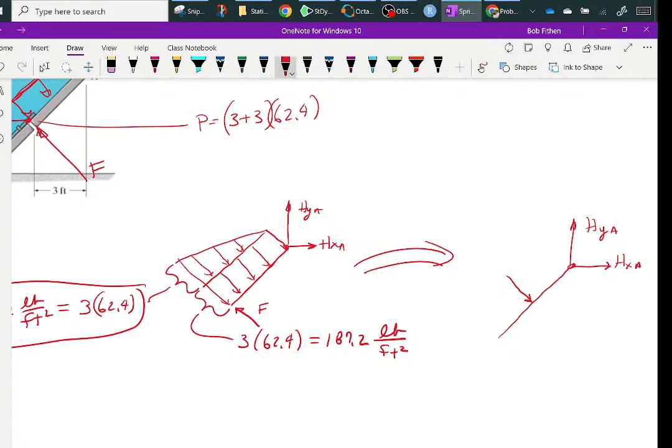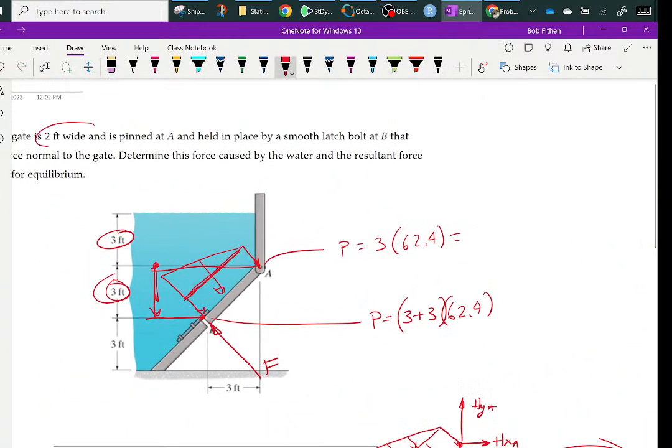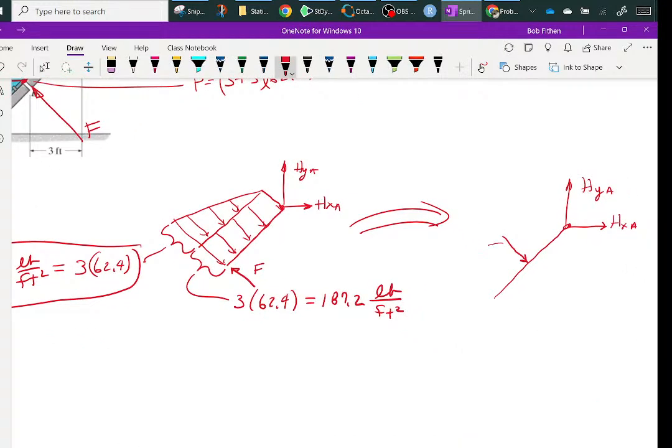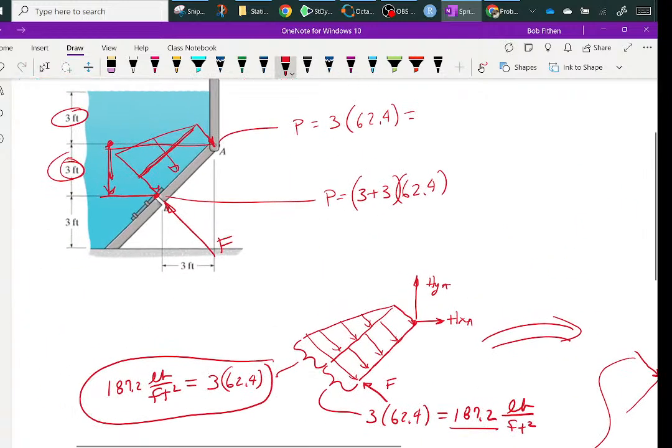And the gate itself was 2 feet wide. So this load, call it L, is 187.2 pounds per foot squared applied over a, okay.